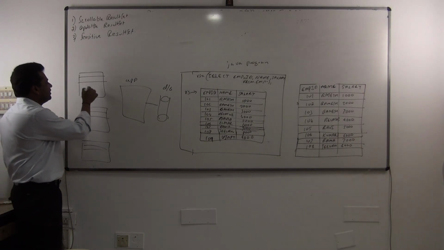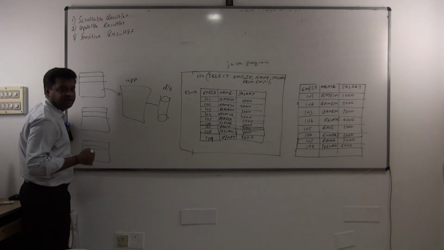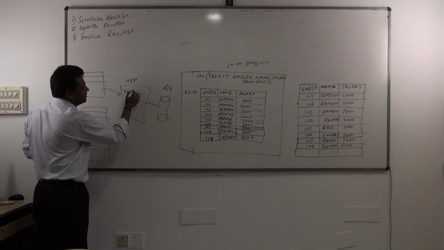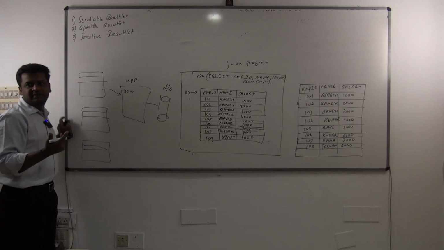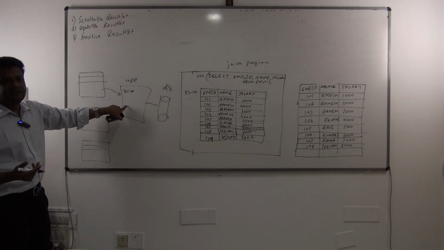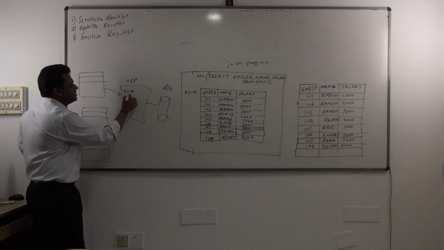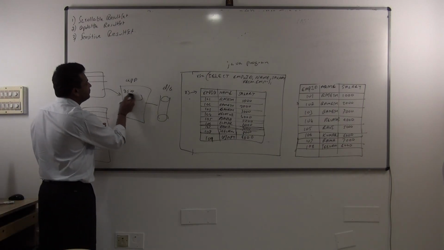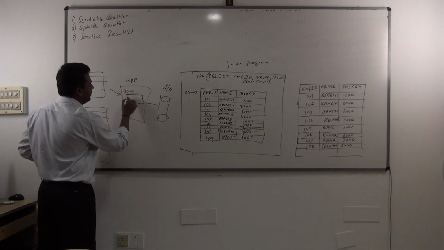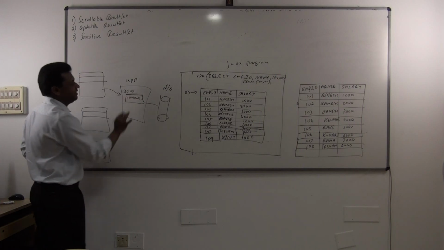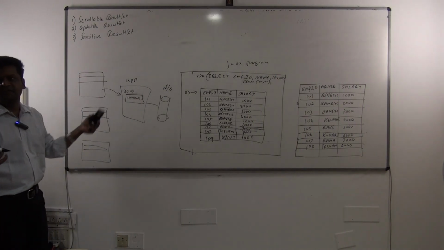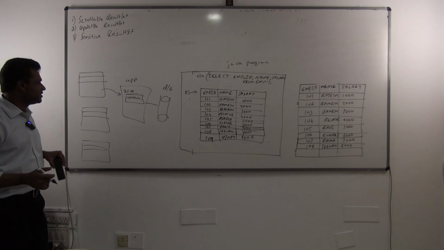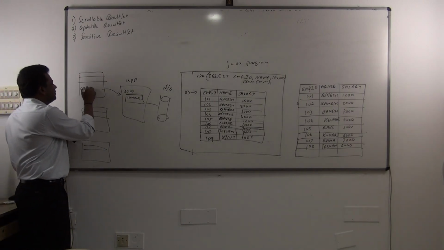Fine. So assume one person makes a request and gets a result set. He writes some query, the query executes, and he gets the result set, which has 10 rows. When I say select something, some query is executed and 10 rows come back. Now he is a normal user.